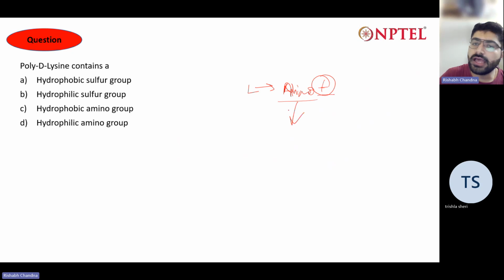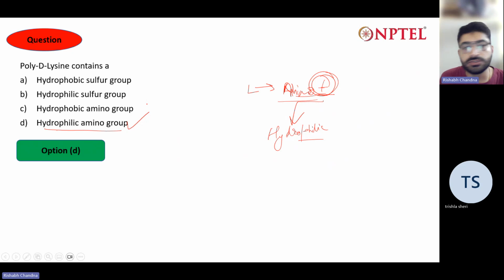It is a charged molecule, so it will be hydrophilic in nature. Hydrophilic means water loving. Everything that has charge will be water loving, and this is the amino group. So the correct answer would be that it will have a hydrophilic amino group.